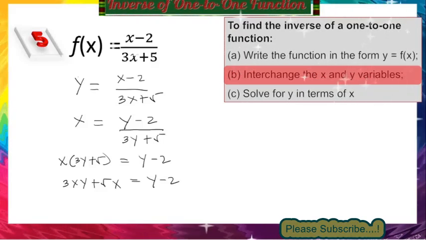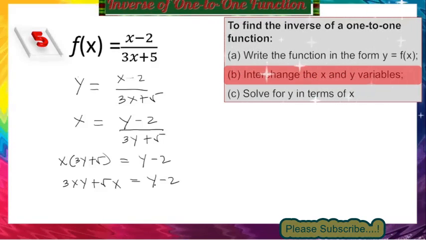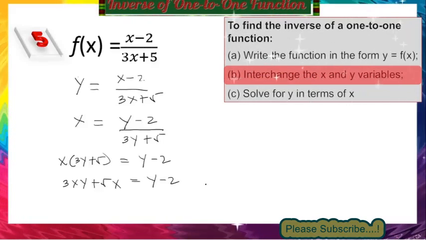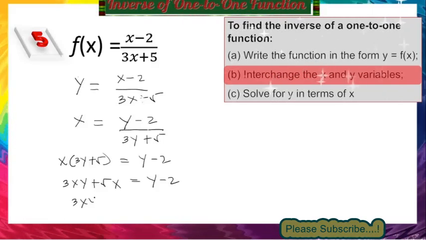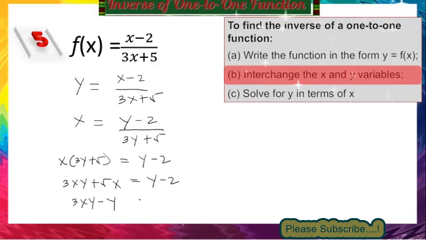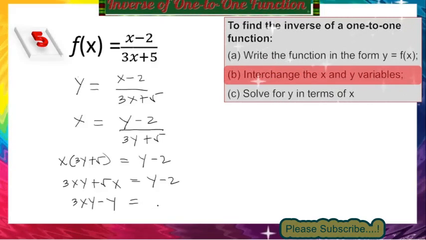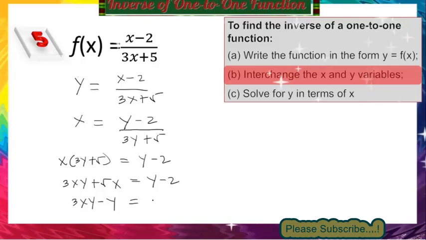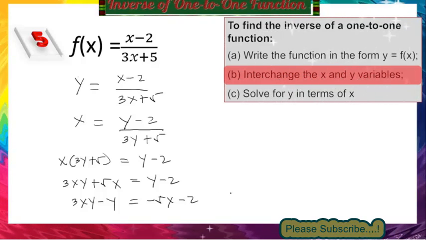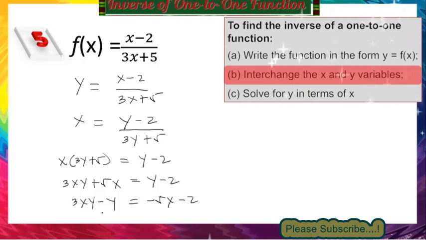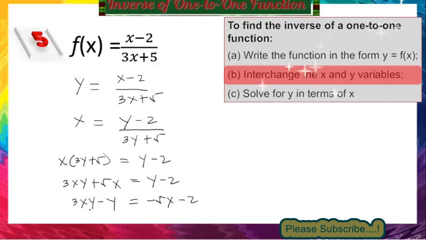Then we will transpose this one to the left side and this one to the other side. So this will become 3xy minus y equals negative 5x minus 2.